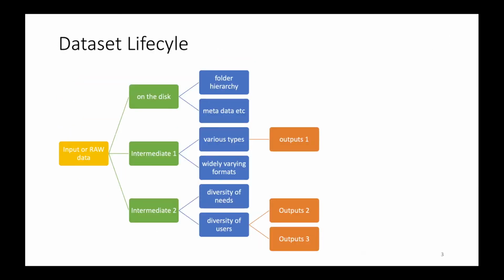Typically my life cycle related to these data sets revolves in this space: either input or raw data, for example MRI brain images or EEG data, and then several layers of intermediate data followed by several variations of output data.